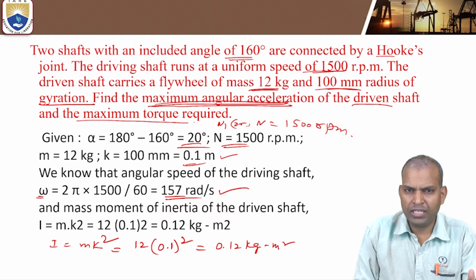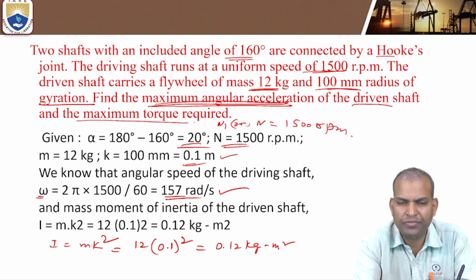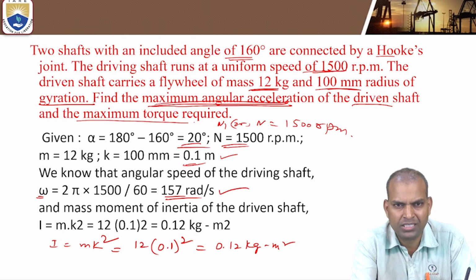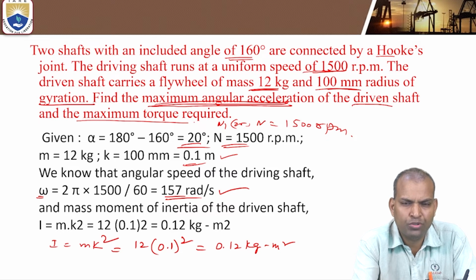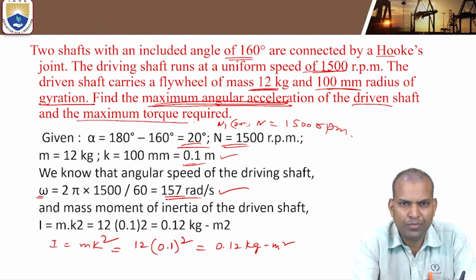A very important point here: why do we consider only mass moment of inertia, and why not area moment of inertia? Here we are talking about flywheels. A flywheel has a certain weight, volume and density. Whenever we are using components with density considerations, we have to use the mass moment of inertia, whereas the area moment of inertia formula is used only for plane areas and plane geometries.